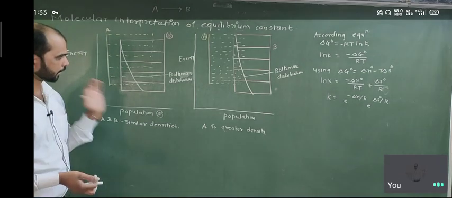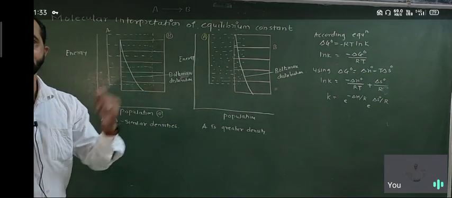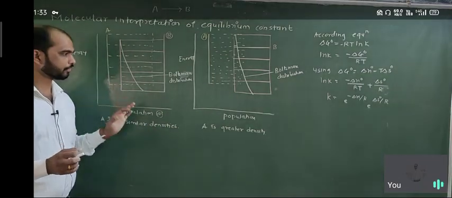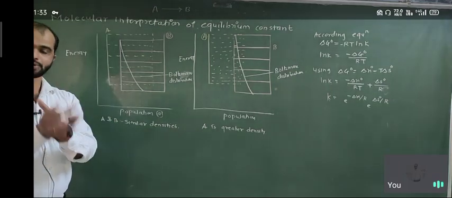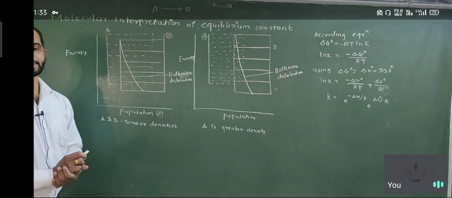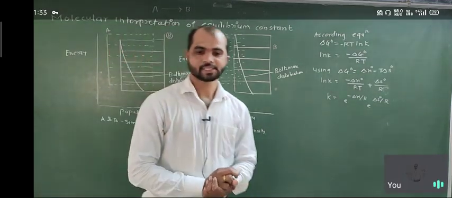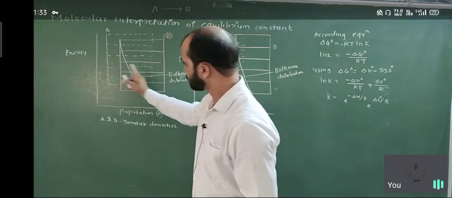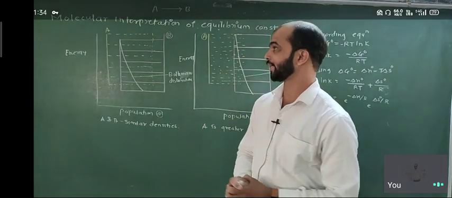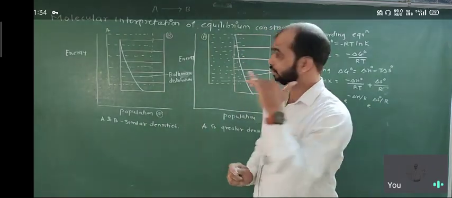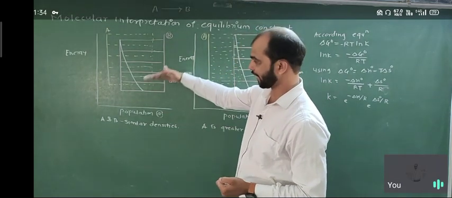So how do we predict or interpret whether the reaction is favored to the product side or the reactant side? How do we conclude whether product forms more favorably or reactant remains more favorably, meaning the reaction goes in the backward or forward direction? For that we consider, if both reactant and product have the same energy states, the species which attains the lower energy state wins.